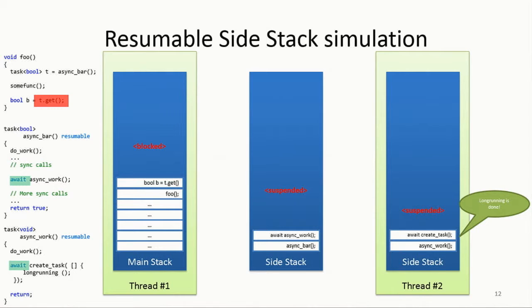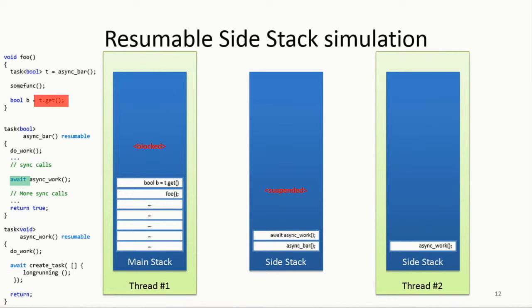It's no different than what happens with PPL task or a std future, except that you do this over a lambda boundary. So over a lambda boundary, it's a little bit easier to rationalize that there's going to be a thread switch. But we do feel that the benefit of the programming model still outweighs the downside of having a thread switch in the middle of a function.